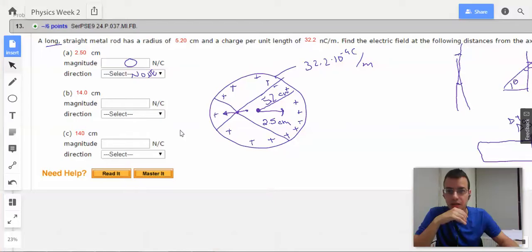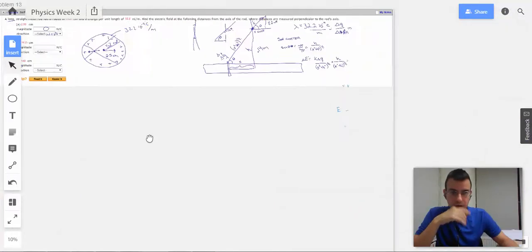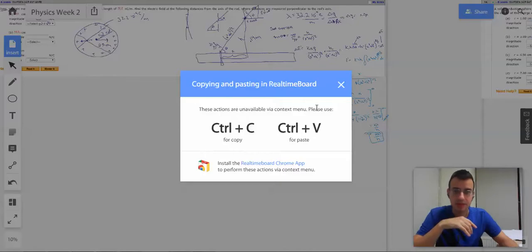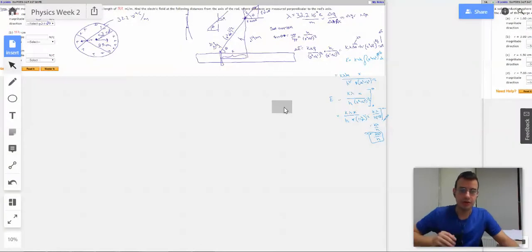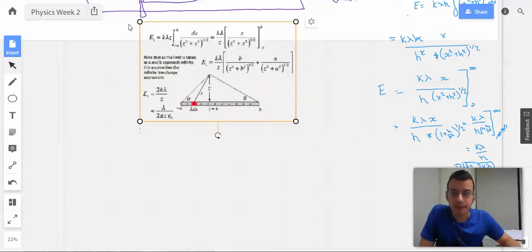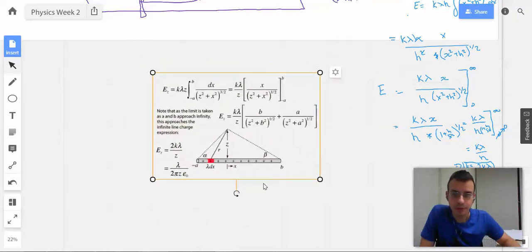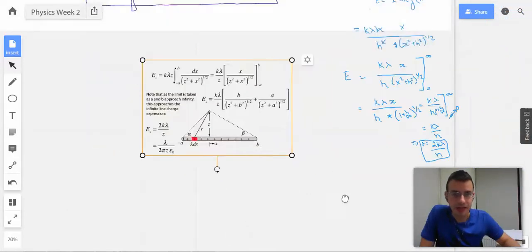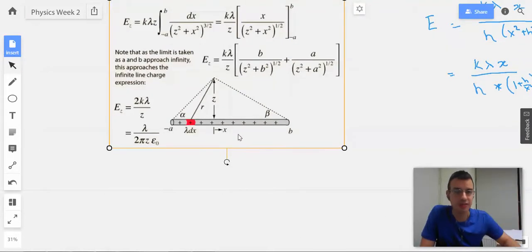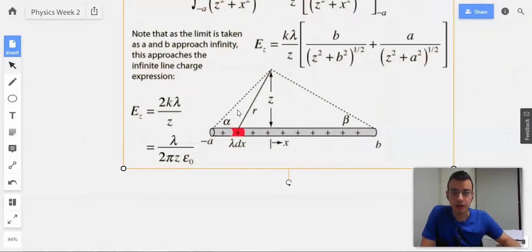Copy, come in here, and we will paste it. Oh, nice. Is that actually the same? 2k lambda over h, 2k lambda over z. Yes. All right. So this would be worth memorizing in life, right here.